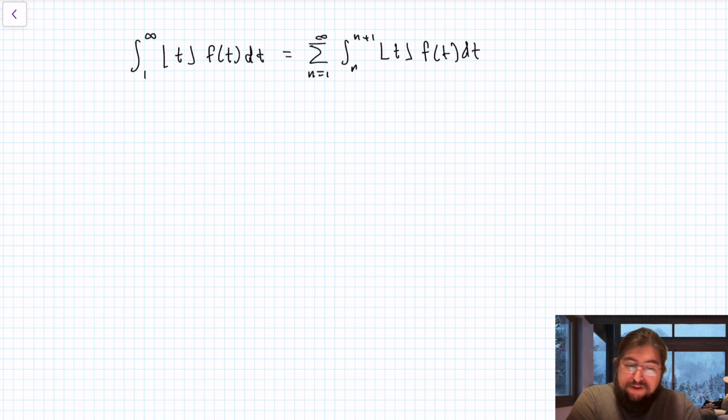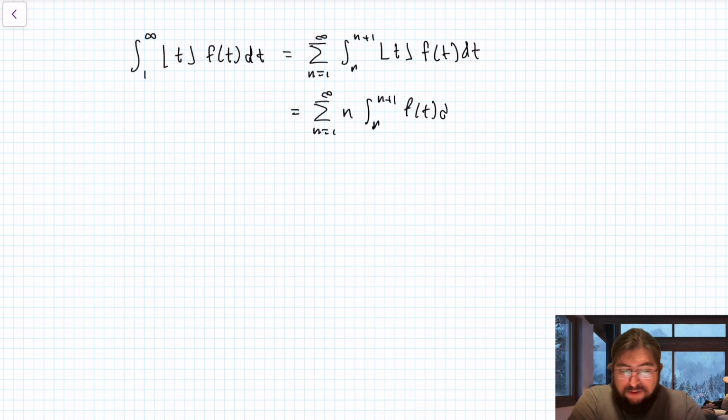Now, what's really nice here is that since the integral is in between two consecutive integer values, assuming n and n plus 1 are integer values, of course, then the floor function of t is just the smaller one. It rounds down to the nearest integer, which if t is any value between n and n plus 1, then of course the floor will round down to n. Okay. So the floor of t is just n, and n is independent of t, so you can pull that out of the integral, so you end up getting this basically.